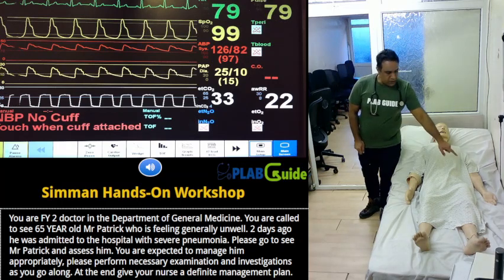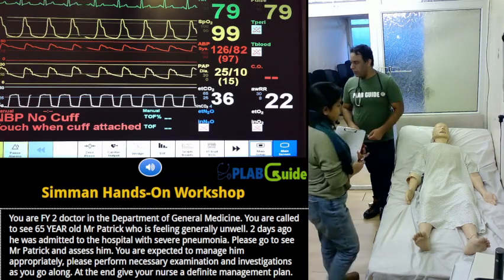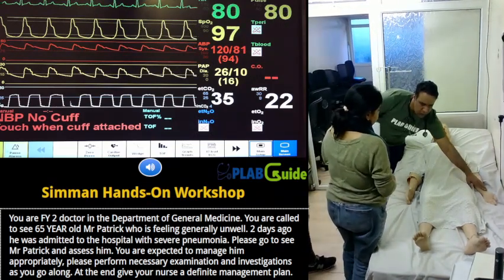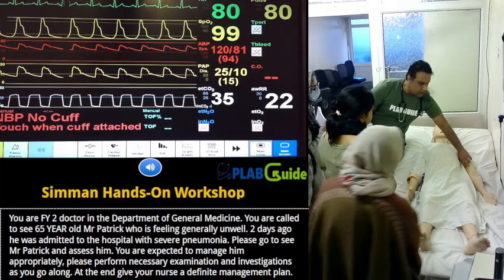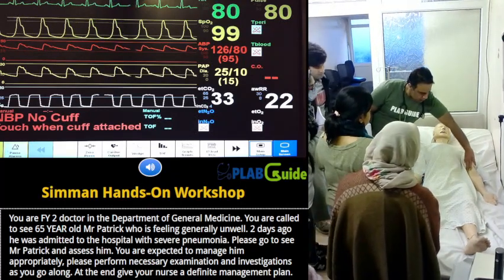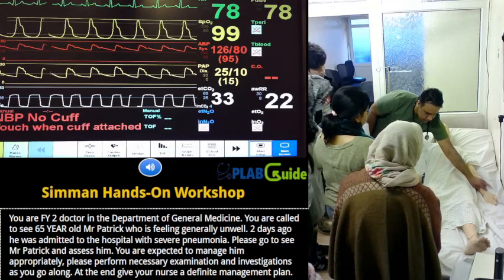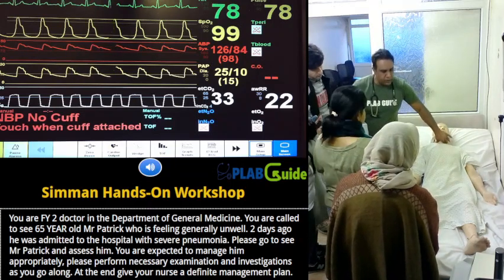These are the areas, the soft pads where you will see the pulses are present. And both carotids.